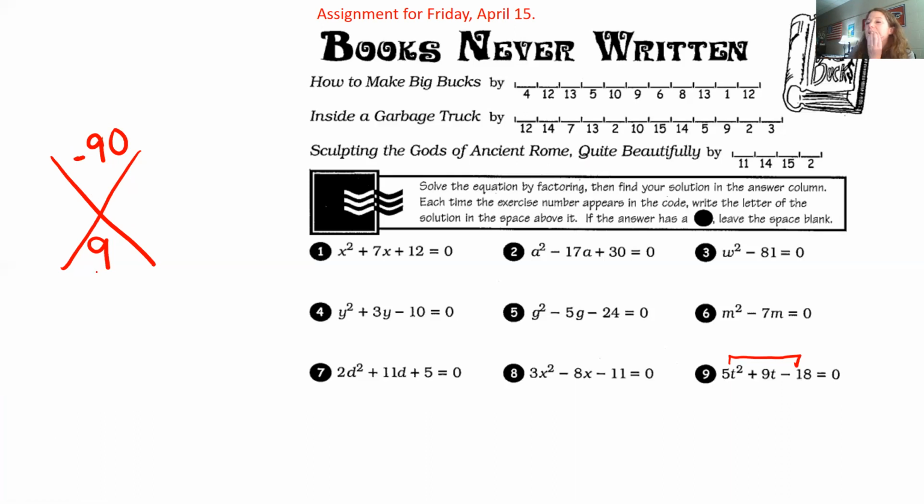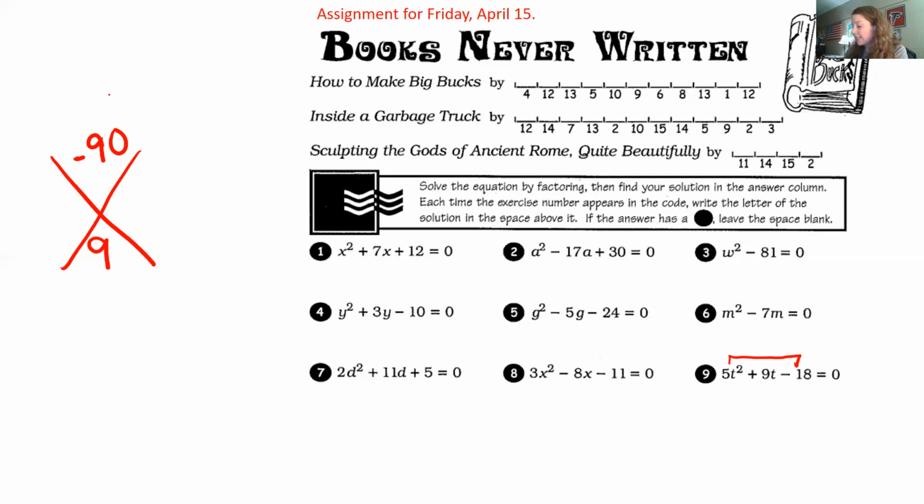So that would be what? It can't be 9 and 10. Would it be 5 and 18? No. Are y'all like, is she really doing this again? 90 is 15 times 6.